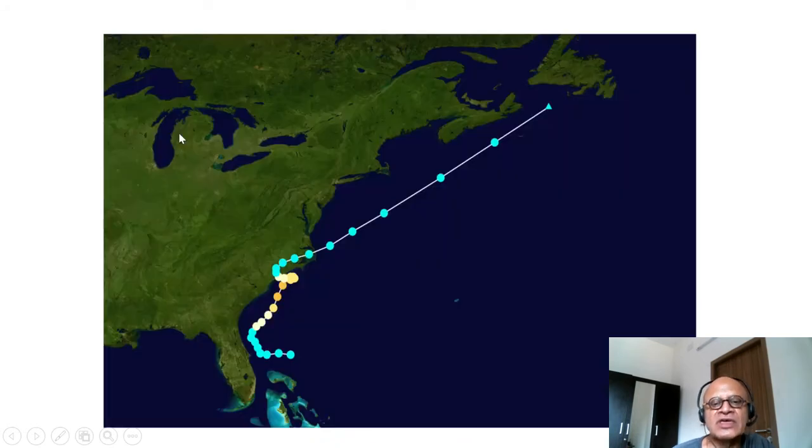So the main point here is that when we talked about things like Hurricane Diane, we started as a subtropical storm and managed to put the vortex down to the surface, which strengthened.